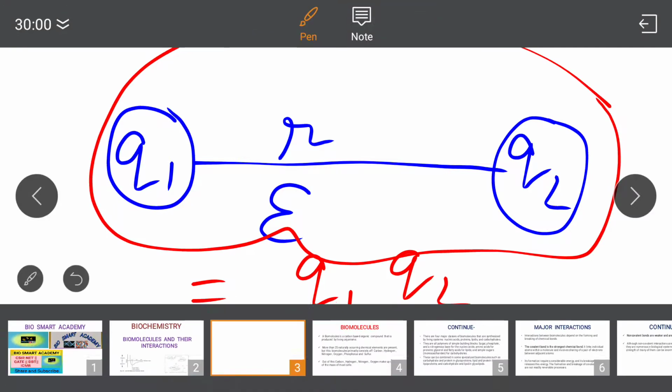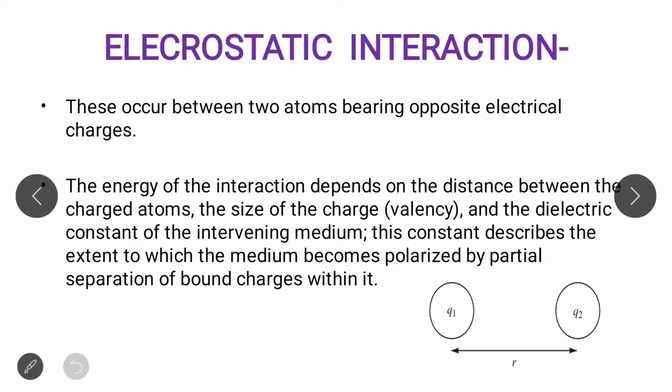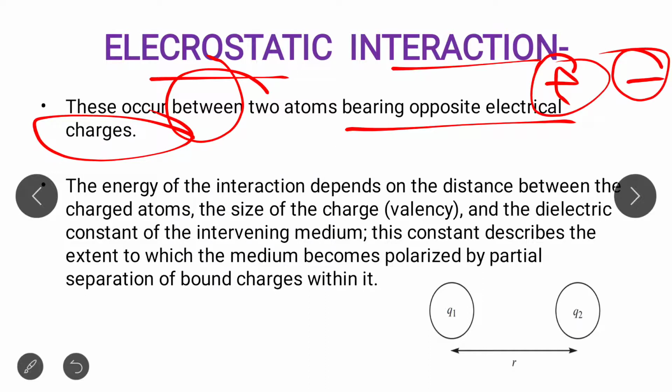Now let's look at the PPT so that you get a clearer idea. Electrostatic interaction occurs between two oppositely charged molecules, positive and negative. For example, lysine is a basic amino acid and aspartic acid is an acidic amino acid, so electrostatic interaction can take place between these two, as I explained in the figure.